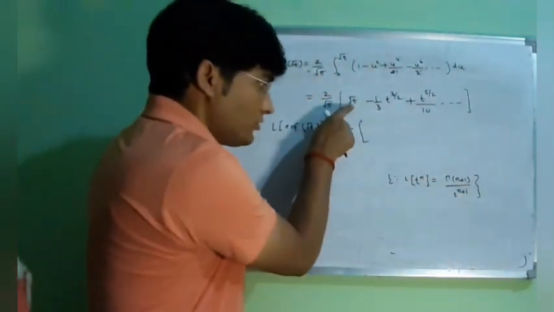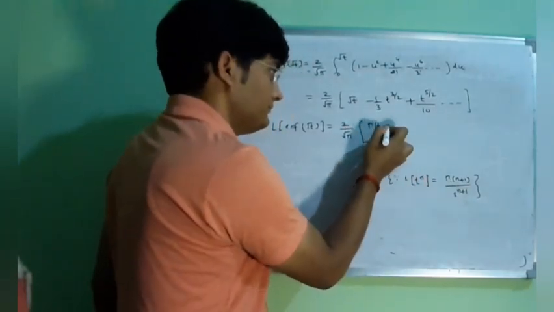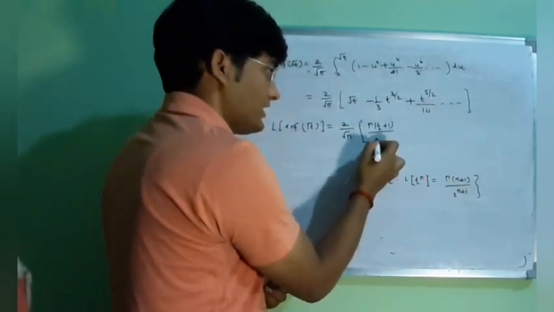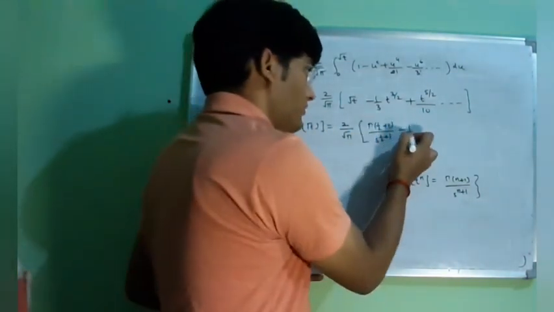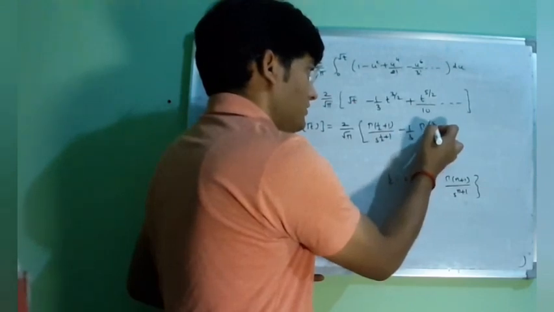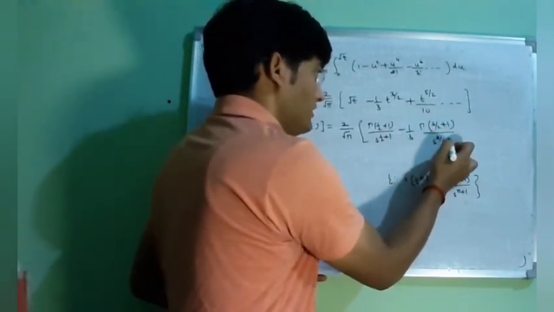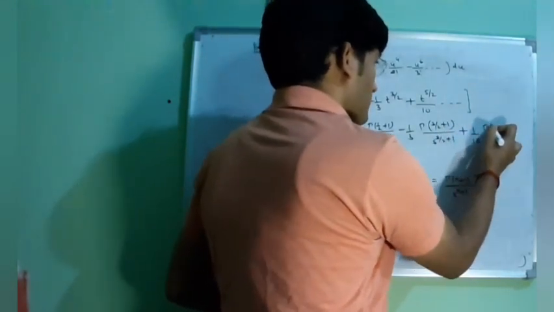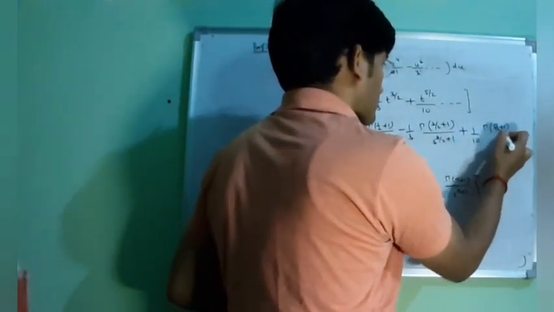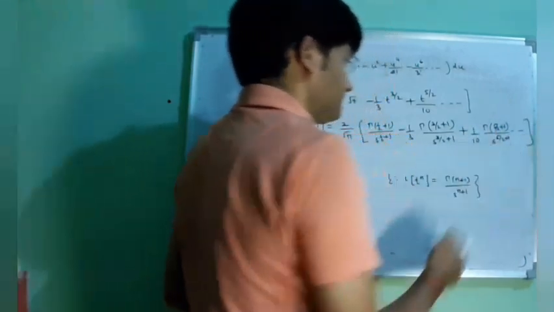So the Laplace of t power half will be gamma half plus 1 divided by s power half plus 1. Then we will have 1 by 3 gamma 3 by 2 plus 1 upon s to power 3 by 2 plus 1. Then this will be 1 by 10 gamma 5 by 2 plus 1 divided by s to power 5 by 2 plus 1, and so on.